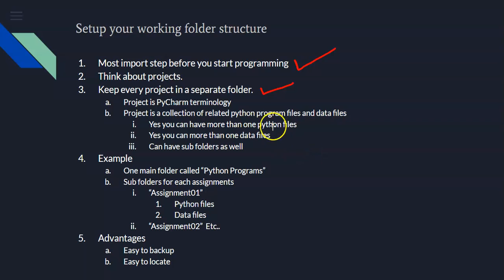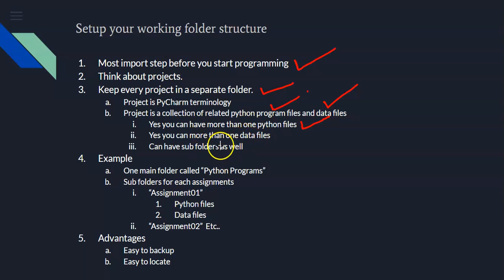A project is a collection of Python program files and data files. Yes, you can have more than one Python file. You're going to learn how to program in multiple files. In fact, gradually, probably by the end of this video series, you might end up having a project with 20 or 30 program files.